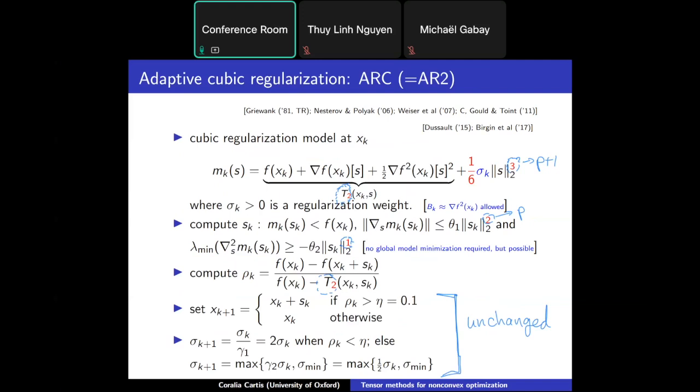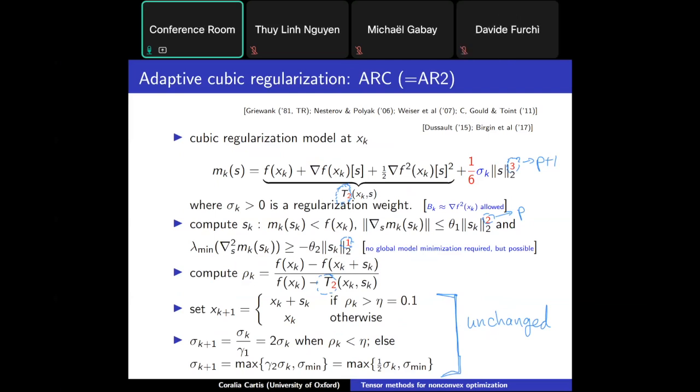Then I say I want a local minimizer of this model, and then I have some powers here that I could adjust, because this measure of progress refers to the order here, so I would change that, and then the rest of the framework stays the same.